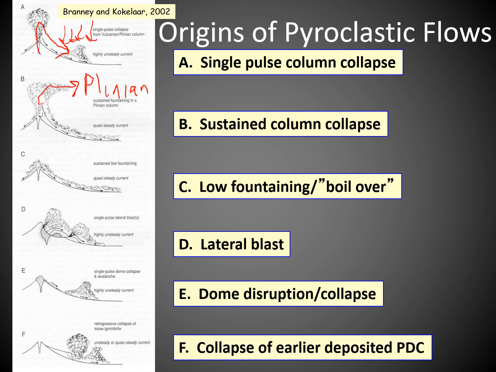E is a dome collapse. This is what killed all the people at Mont Pelée. Basically, you have a lava dome forming at the summit. It gets oversteepened. Small chunks can come off and form little pyroclastic flows. Sometimes huge sections come off and form really big pyroclastic flows.